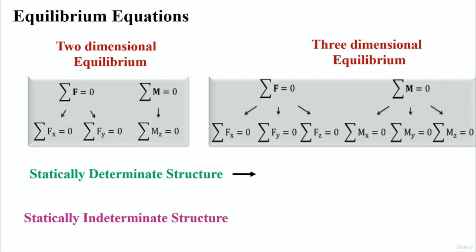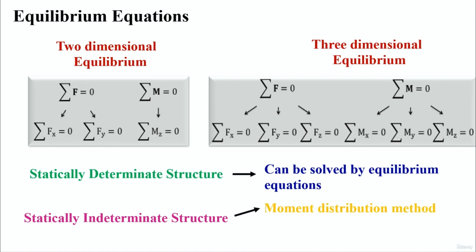A statically determinate structure can be solved by using the equilibrium equations. Statically indeterminate structure means the number of unknowns will be more than the number of equilibrium equations. That kind of structure cannot be analyzed using the equilibrium equations. Then how would we analyze those kinds of structures? There are other methods like the moment distribution method and slope deflection method and so on.